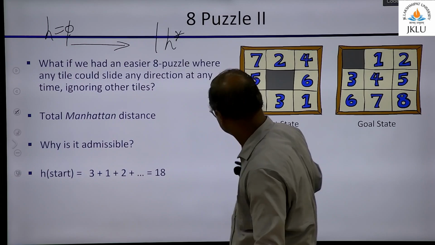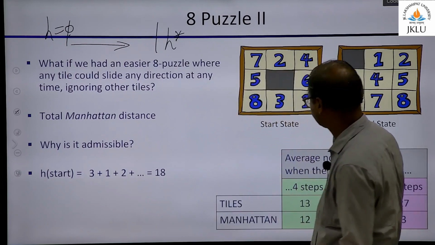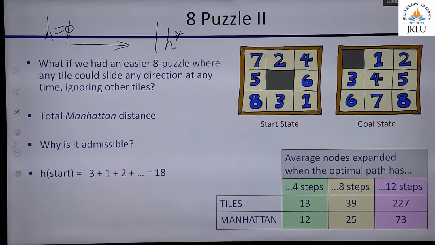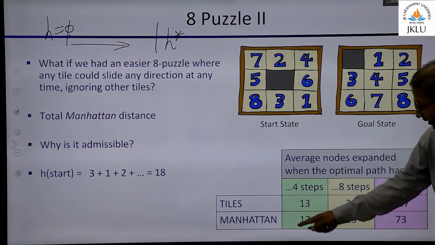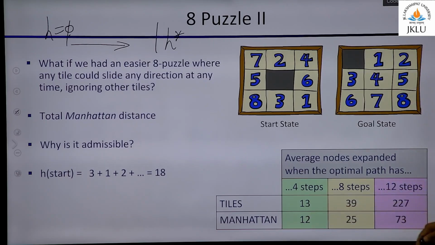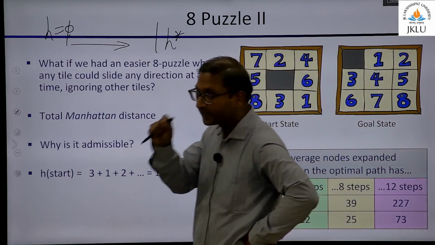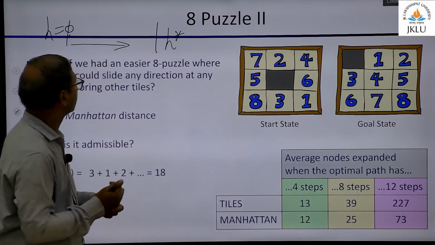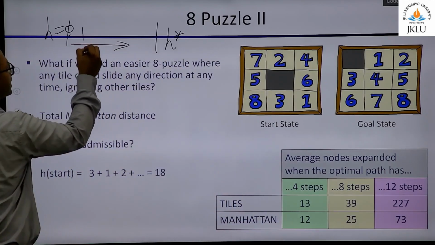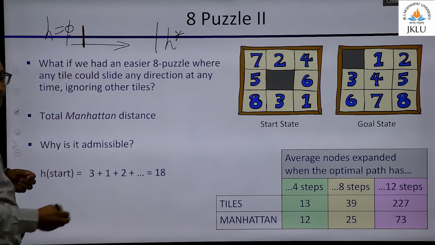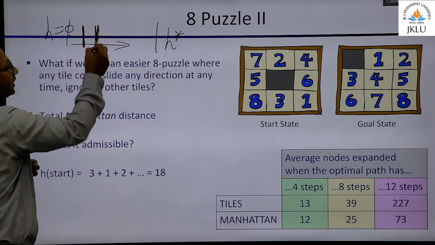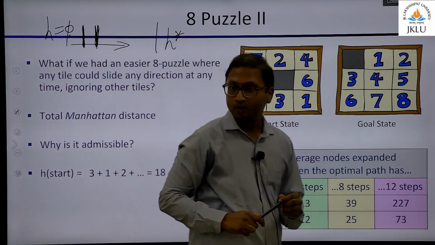Look at this and then tell me. In the case of tiles: 13, 39, 227. In the case of Manhattan: 12, 25, 73. Why are you expanding fewer? Because if the previous heuristic was here, this one is somewhere here.